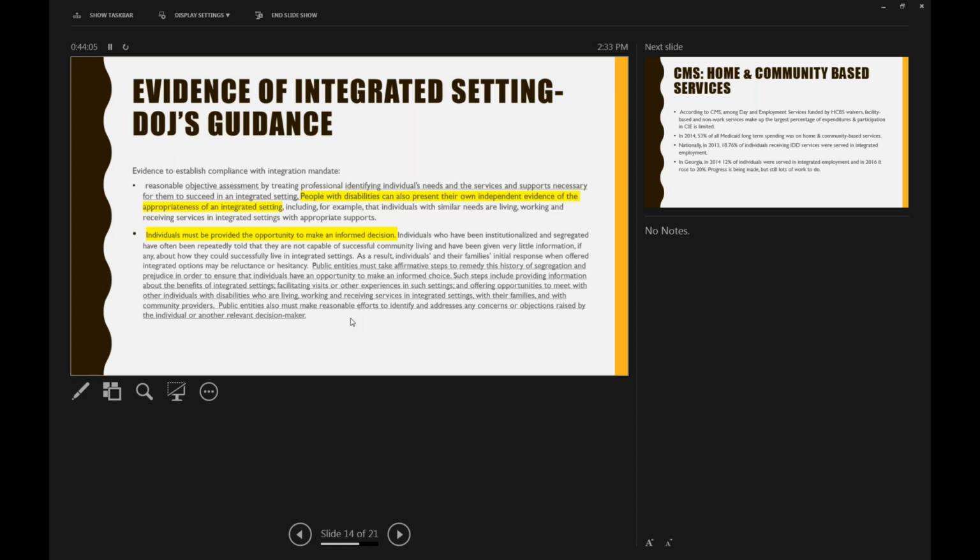Get the families together, and community providers. Public entities must also make reasonable efforts to identify and address any concerns or objections. And again, it's not enough to say that you did it. You have to document that these things are taking place in a way that shows that the individual is making an informed choice.